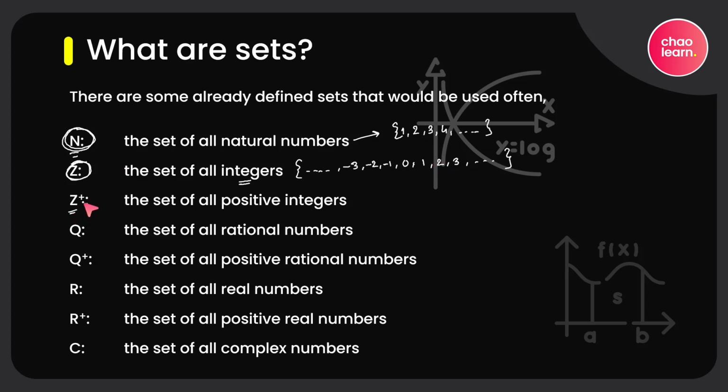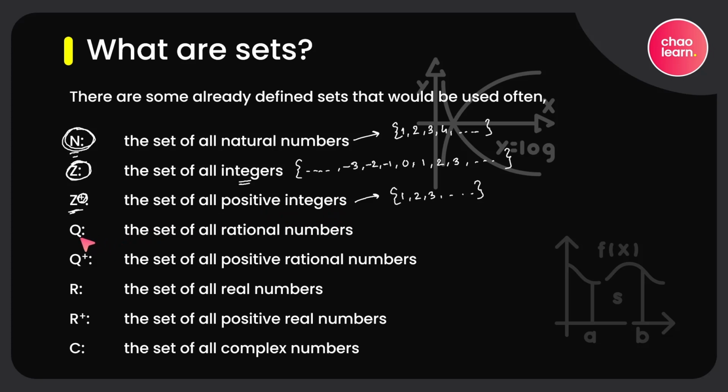Next, when we write this small plus over the Z sign, it means the positive integers. The positive integers are also the natural numbers, so these are just 1, 2, 3 till infinity. So the integers that are greater than 0 belong to the set of all positive integers.